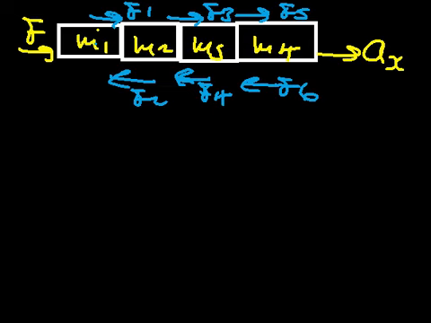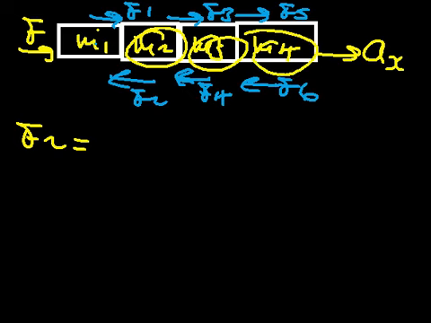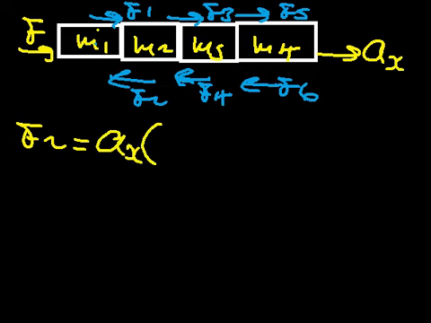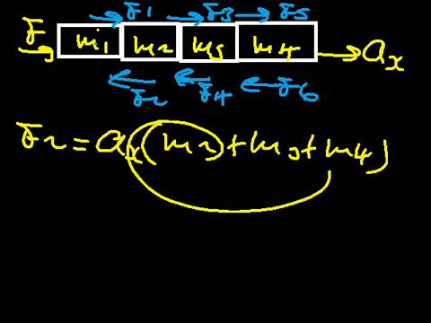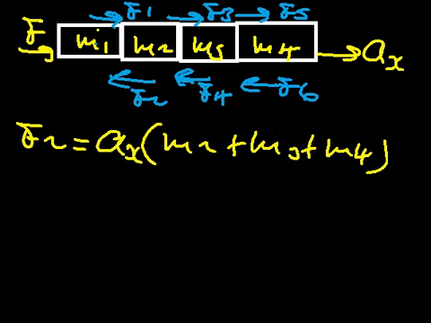So the contact force F2 will be the summation of the forces for mass 2, mass 3 and mass 4, that is, acceleration a_x times mass 2 plus mass 3 plus mass 4. This gives us the contact force between mass 1 and mass 2.